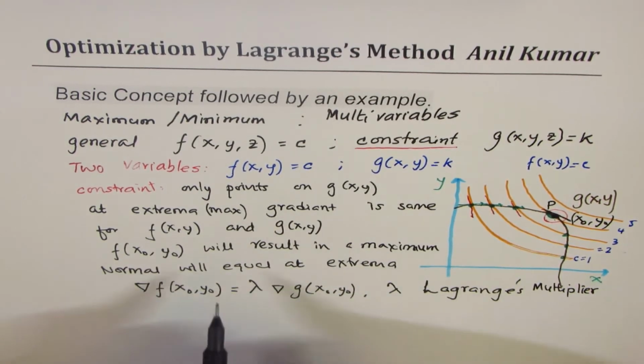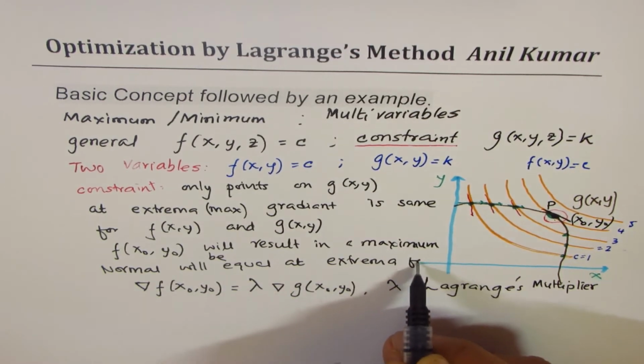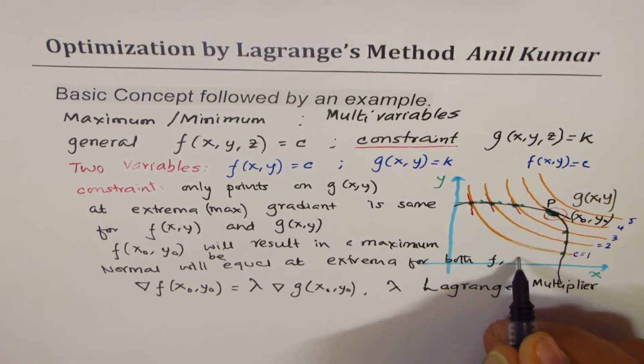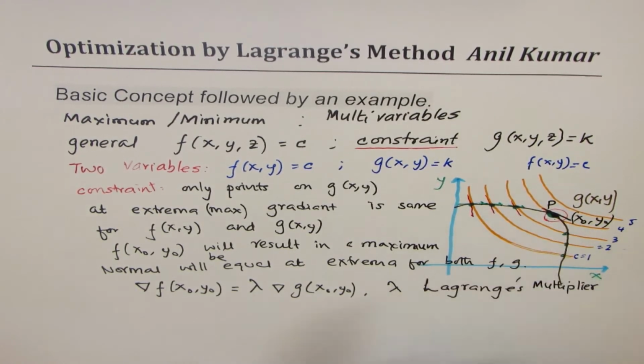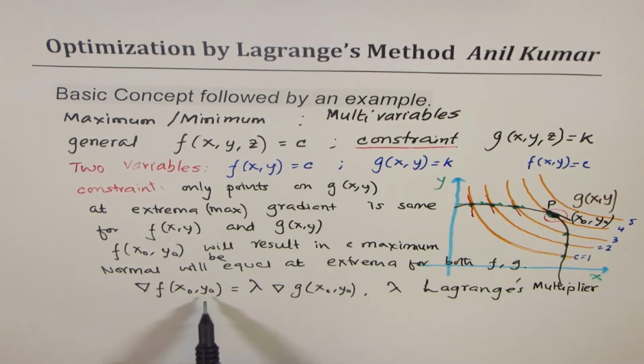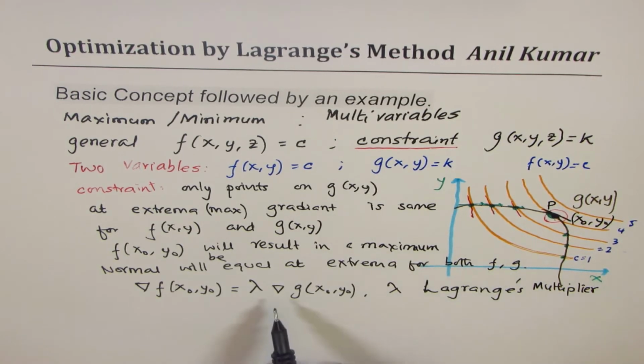At this point P, what we notice is f of x0, y0 will result in a maximum, and you also notice that normal will be equal at maxima for both curves, right? So both f and g functions. Do you see that? Both are equal. And therefore, we can write that the gradient of f at x0, y0 is equal to scalar multiple lambda, which is called Lagrange's multiplier, times the gradient for the constraint, right?